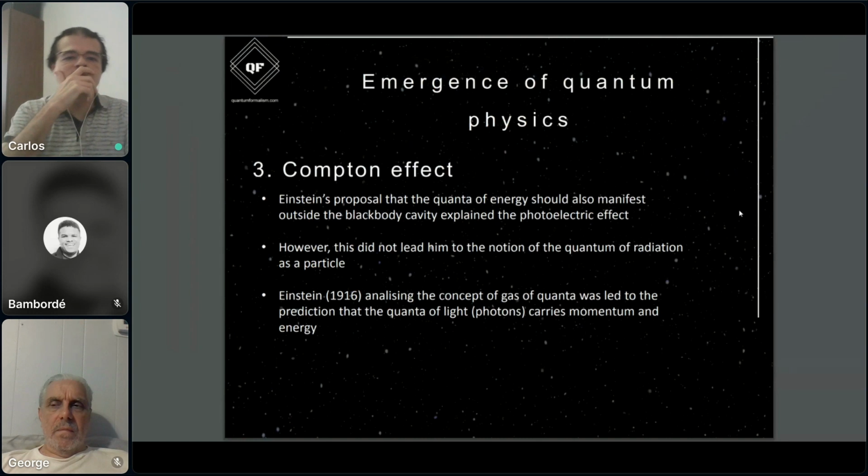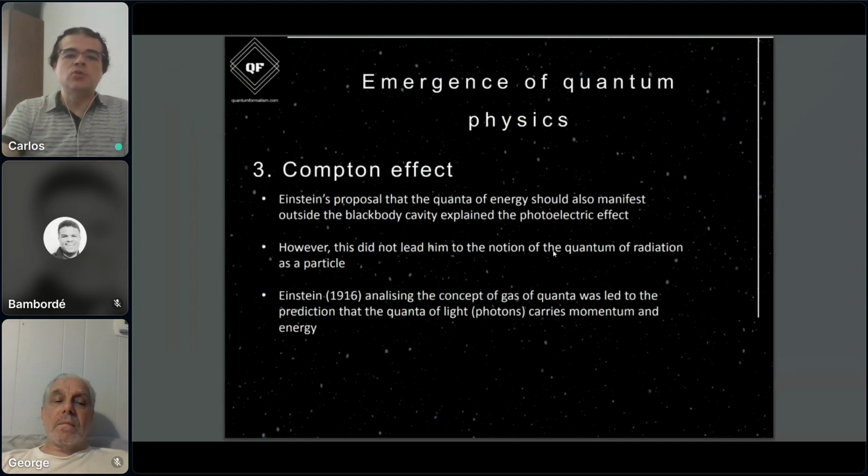So the other thing is what you call the Compton effect. Einstein proposed that the quanta of energy should also manifest outside the black body cavity, and he could explain the photoelectric effect. In fact, this explanation was what gave Einstein the Nobel Prize some years later, in the 1920s.